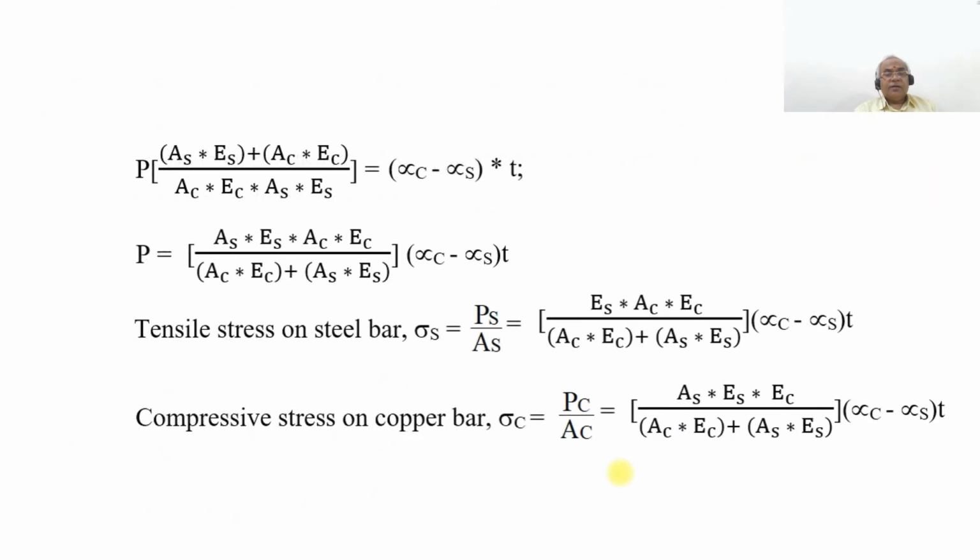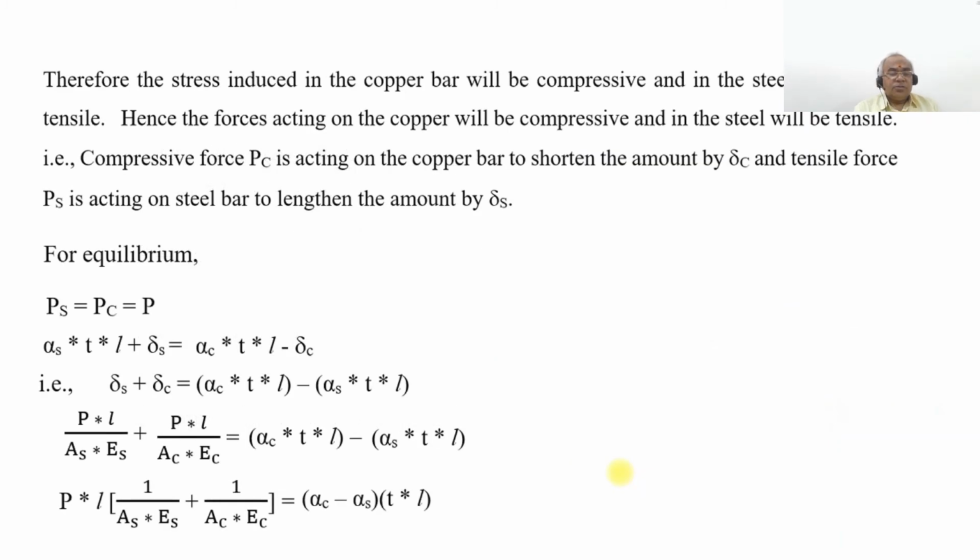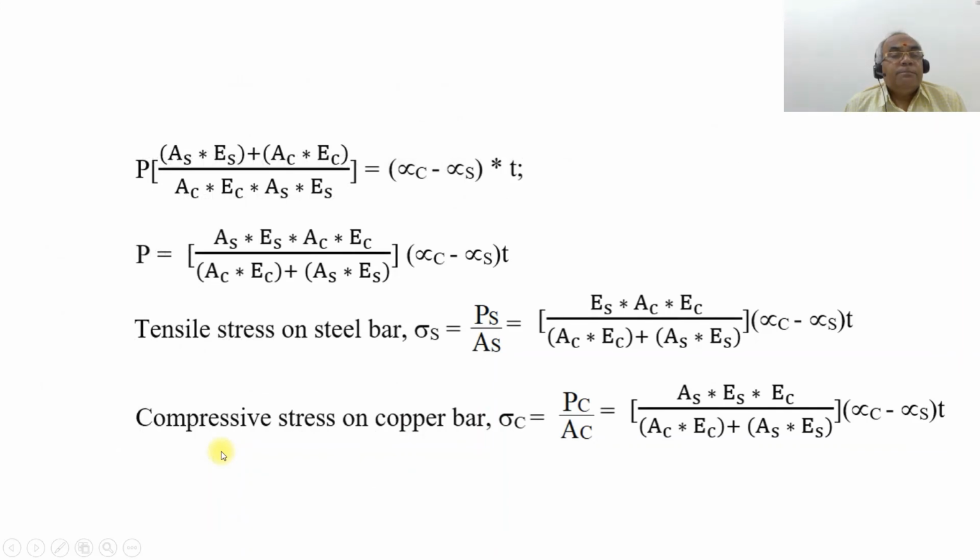Then you take the LCM and do the simplification. So P into AS into ES plus AC into EC, divided by AC into EC into AS into ES, will be equal to alpha C minus alpha S into T.